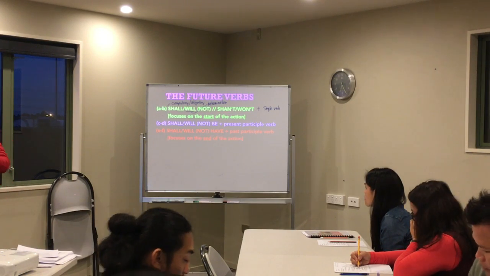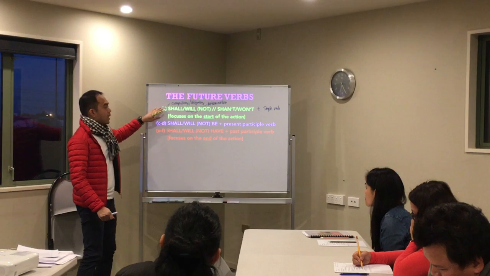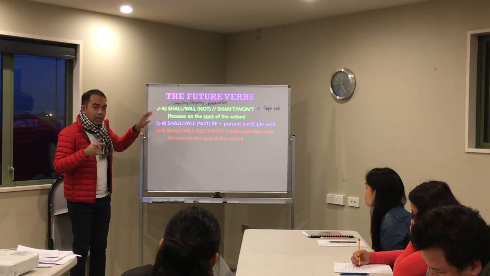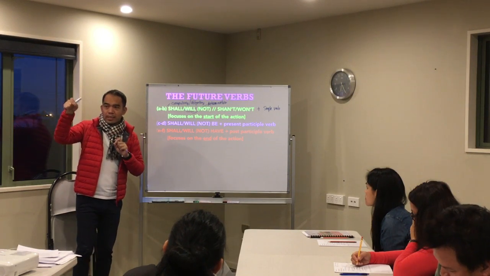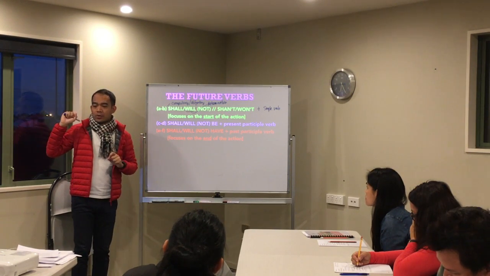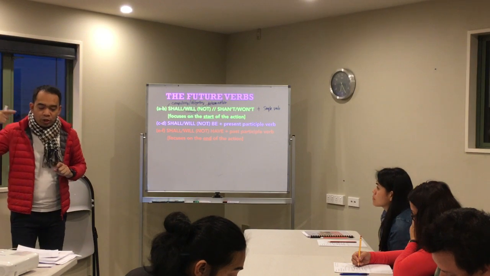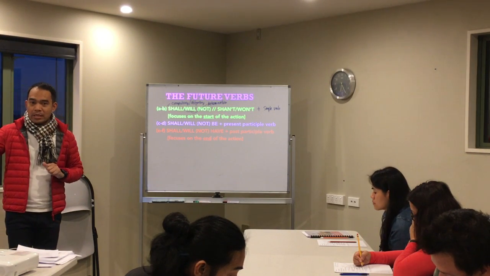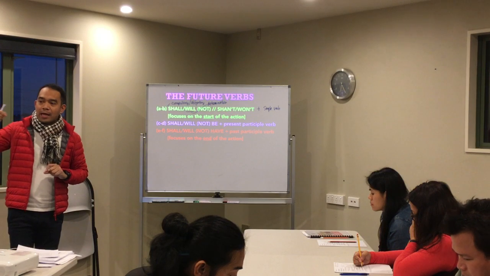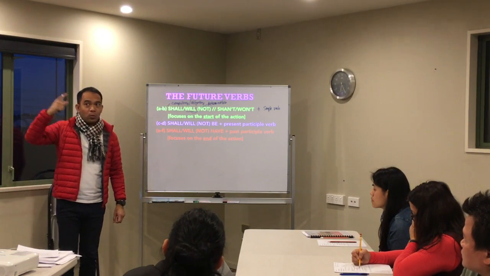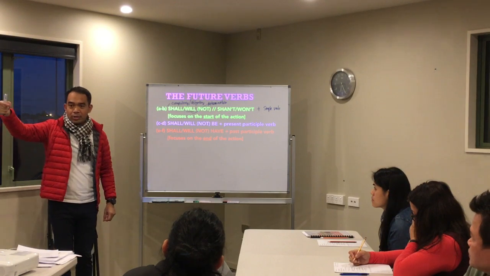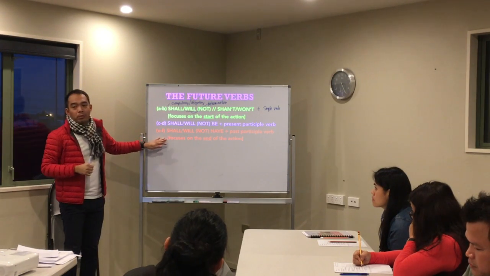So earlier, guys, I showed you that we say we will do something if you want to highlight that it will happen and start at that particular time. So for example, if we say we shall visit Queenstown next week, it means to say the action will start next week. But if you talk about the fact that it will end at a particular time, then we use this form over here.